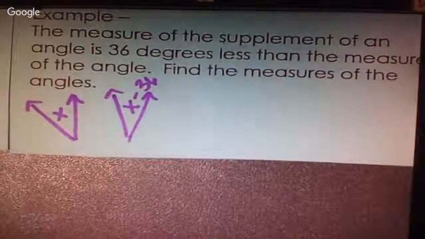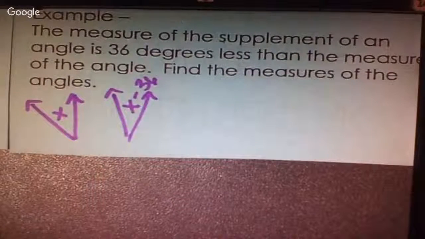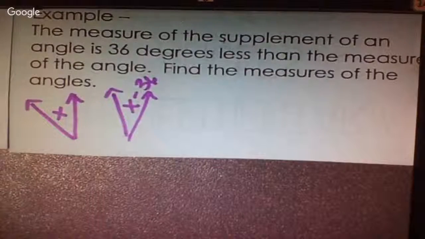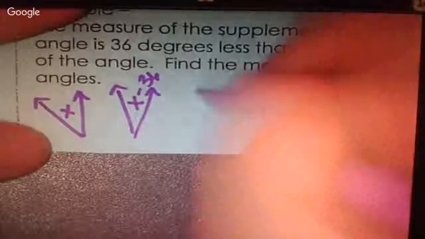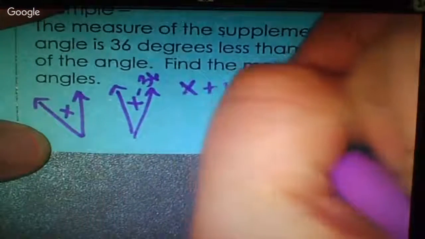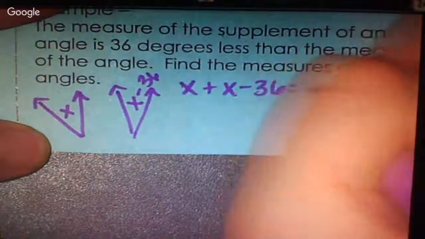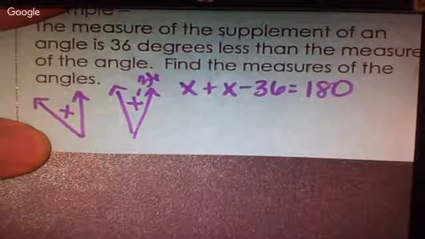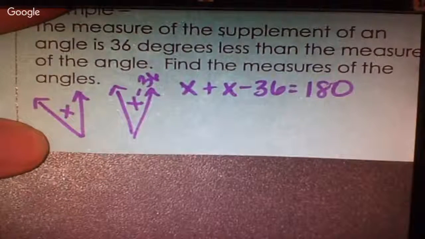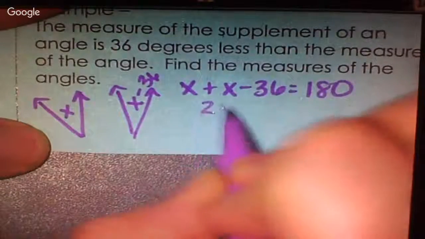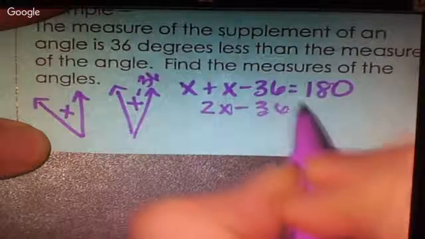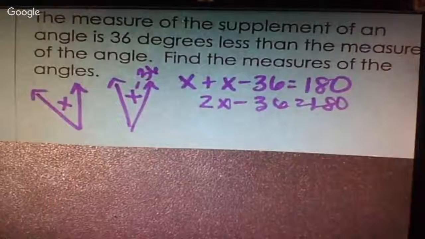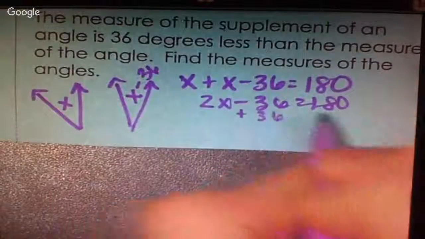Okay, so those two angles together are supplements, which means that when we add them together, they're equal to 180. So x plus x minus 36 is 180. So it's 2x minus 36 when you combine. Then you add 36.